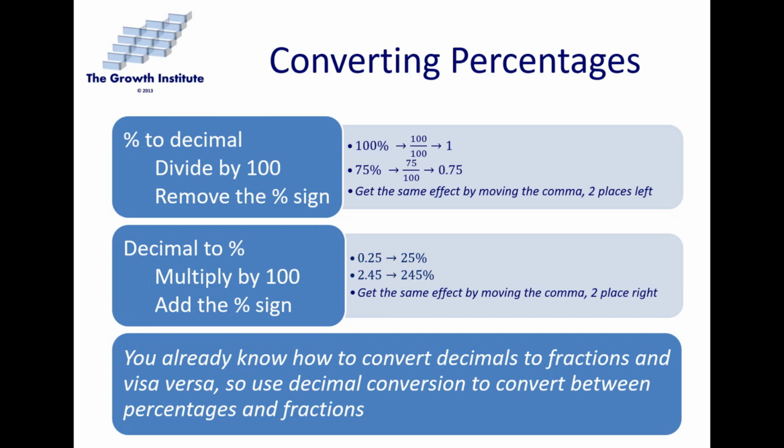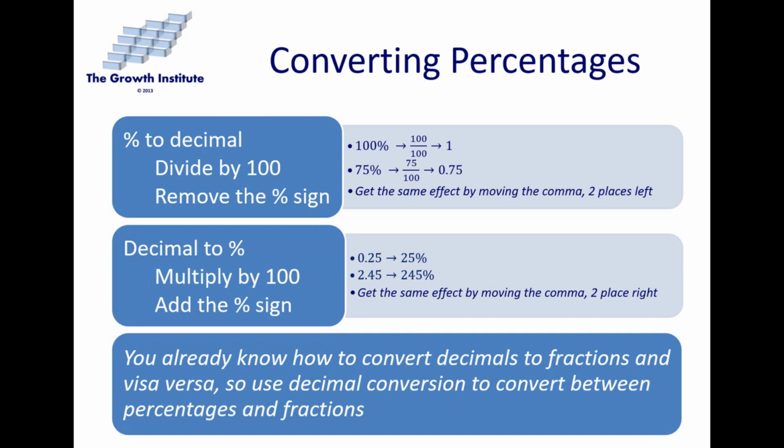If we start with a decimal and we want to turn it into a percentage, we do it the other way around. We multiply by 100 and we add the percentage sign. So there you have 0.25, and we multiply it by 100, then we get 25, and we add the percentage sign.